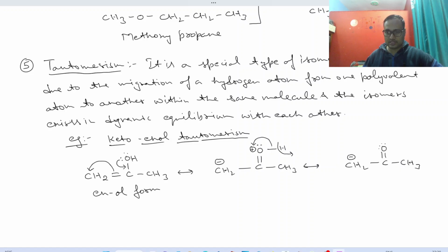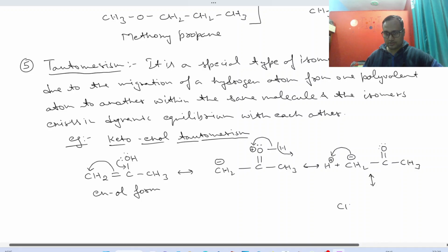Now this H plus would be present in the test tube only. The lone pair of electrons present on the CH2 is going to attack this hydrogen and gains this hydrogen, leading to the formation of the neutral molecule, that is CH3C double bond O CH3, which is the keto form.